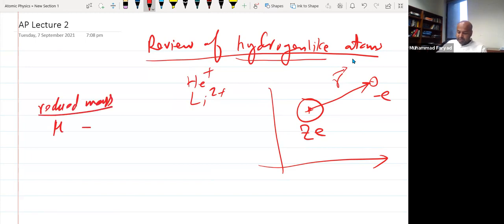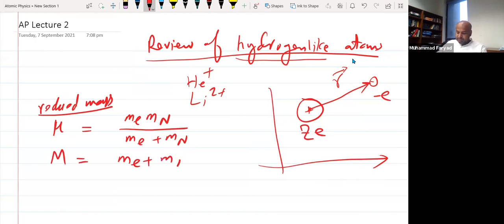So reduced mass for this case would be mass of electron times the mass of nucleus divided by the mass of electron plus the mass of nucleus. And we will also need total mass, which is just the mass of electron plus mass of nucleus.